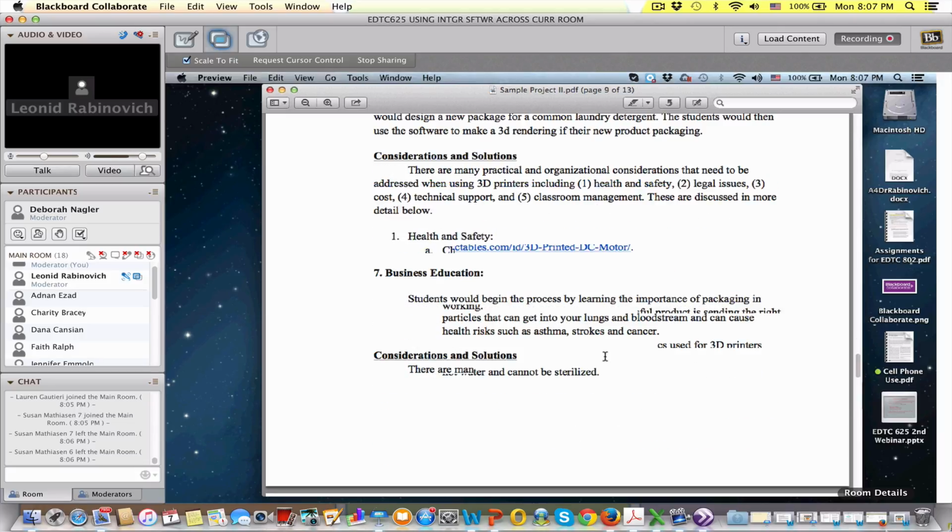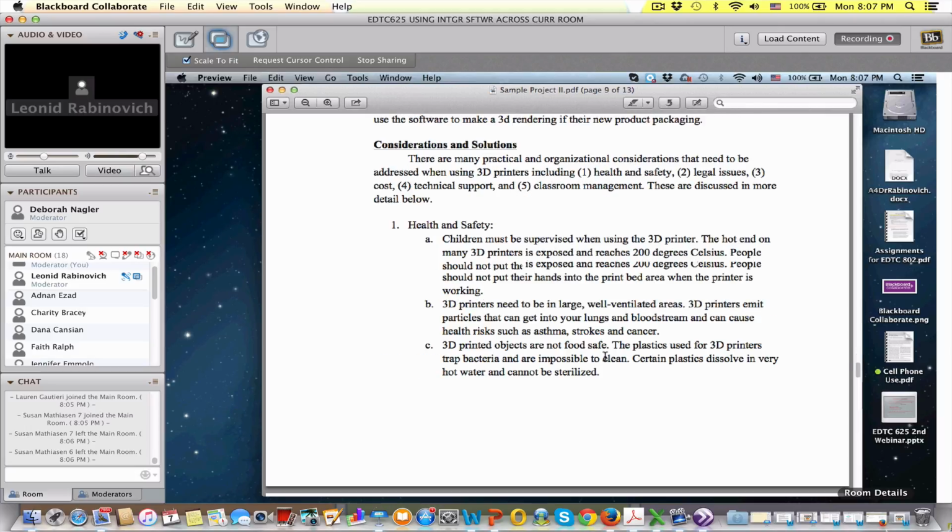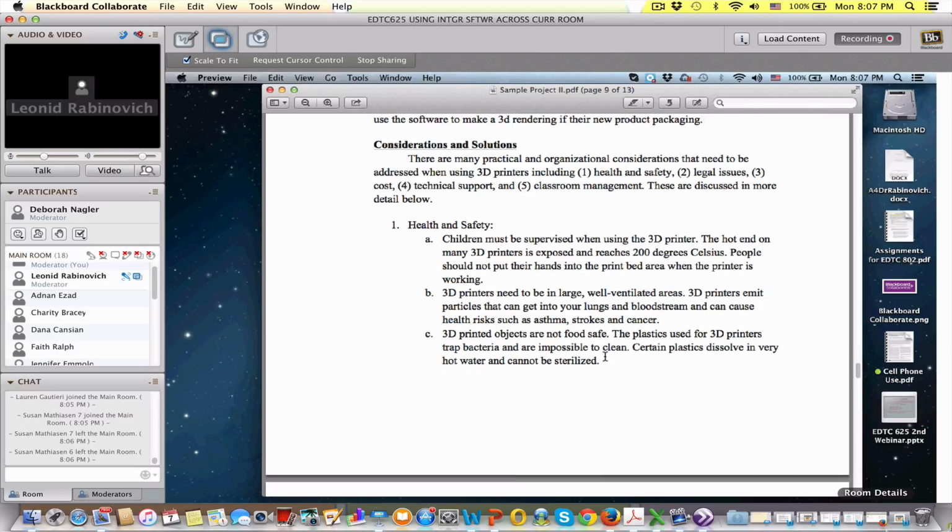Also, they included the section on considerations and solutions, because this is part of your assignment. You need to provide some solutions to challenges in integrating this technology into teaching and learning.